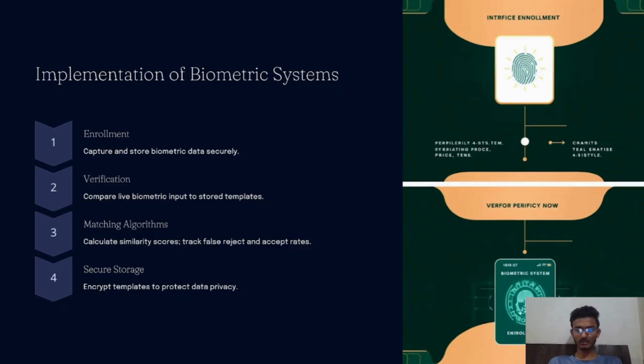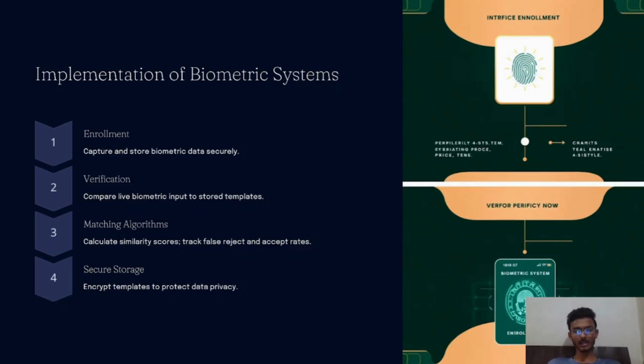As we discussed previously, your face or fingerprint will be scanned, and the data captured and stored securely. If that data is not stored securely and properly, then it will give you errors.